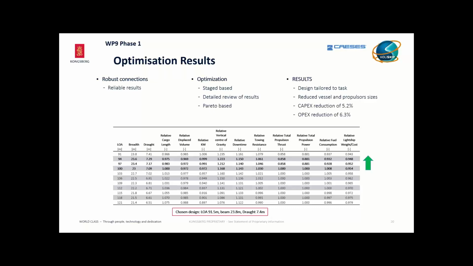The DP thrust fuel consumption was more important than sailing. And it's more interesting for this project to have a shorter vessel and slightly wider. Achievable reduction: 5% in capex, mostly due to the shorter vessel, and 6.3% in OPEX.